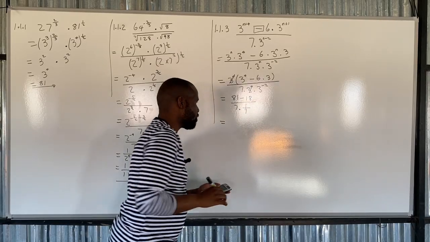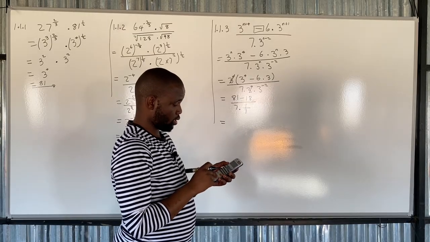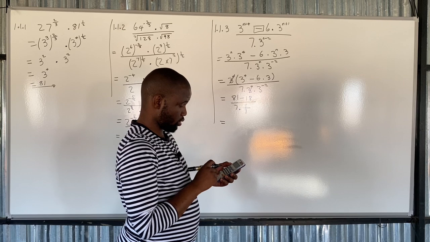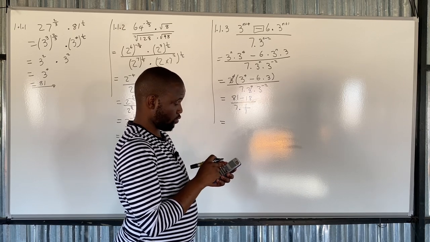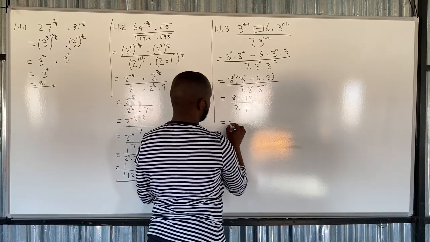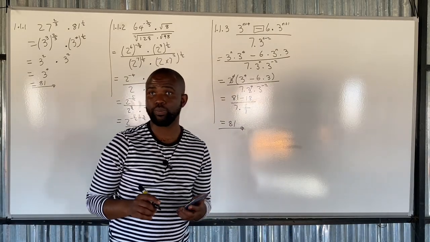And then from here, you can just punch your calculator. So 81 minus 18 all over 7 times 1 over 9. Then the answer there basically is going to be 81 from that answer 1.1.3.